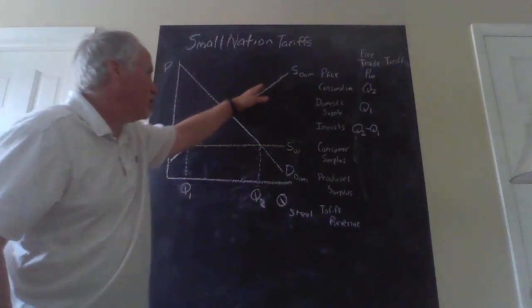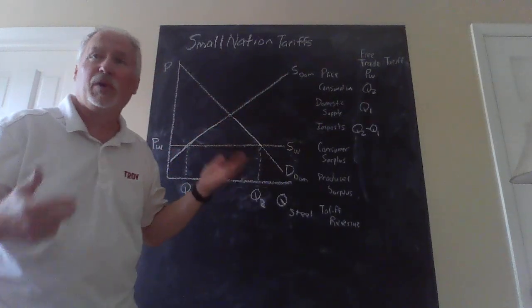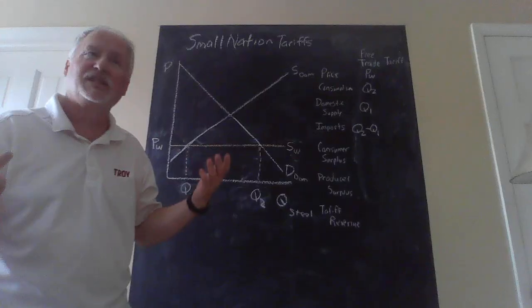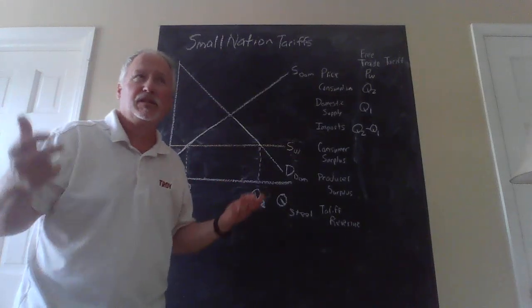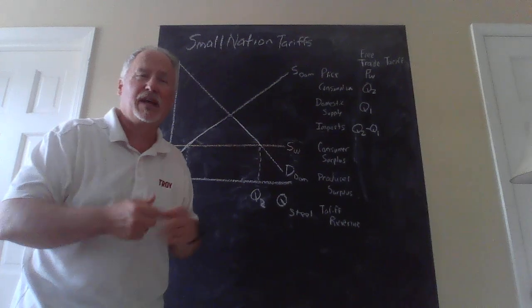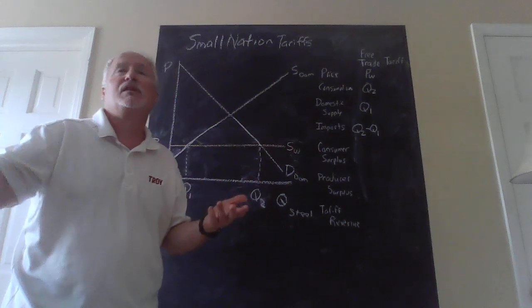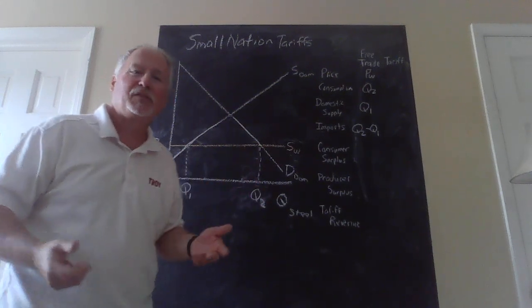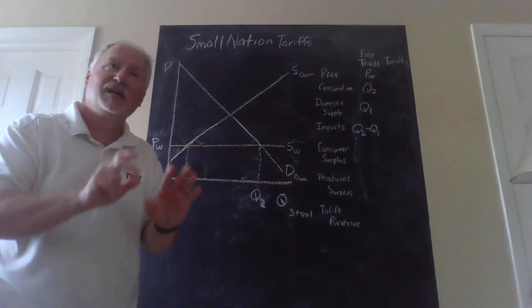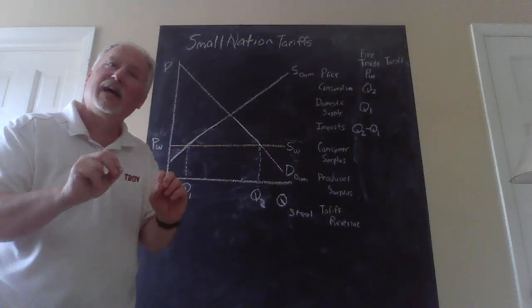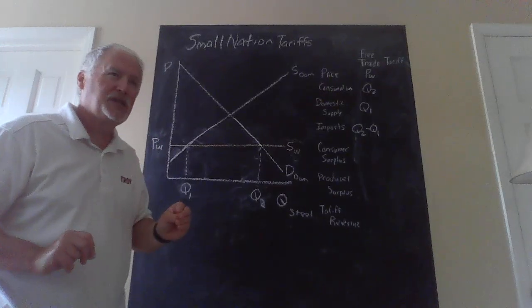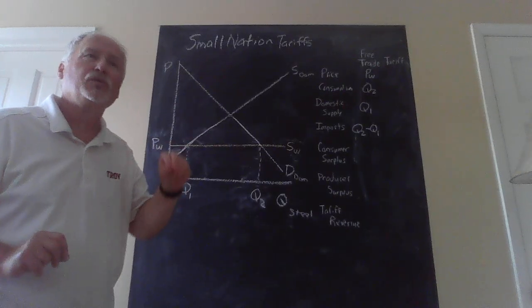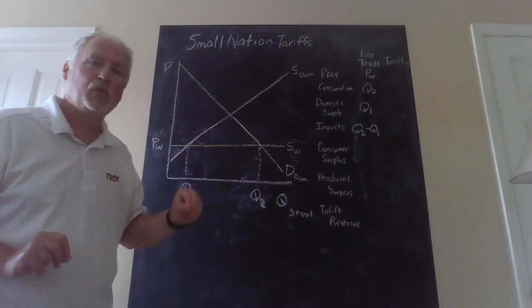So domestic suppliers of steel don't have to worry about paying this commodity tax. If this was a tax on gasoline, then domestic oil companies would have to pay it, but then also imported oil would have to pay it. But this is not a tax on steel, it's a tax on imported steel. The tariff is a discriminatory tax. It's a commodity tax, but it only applies to those units that get imported.